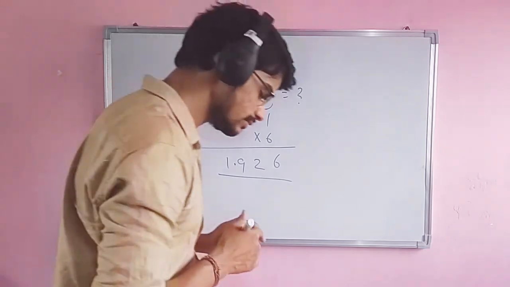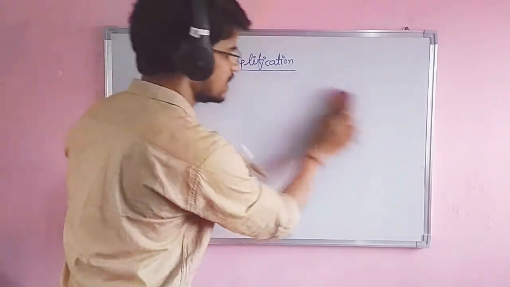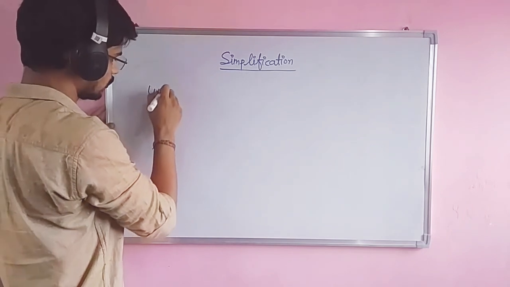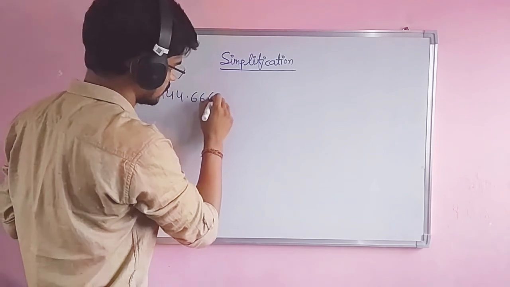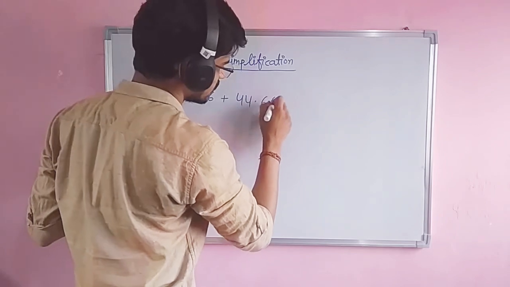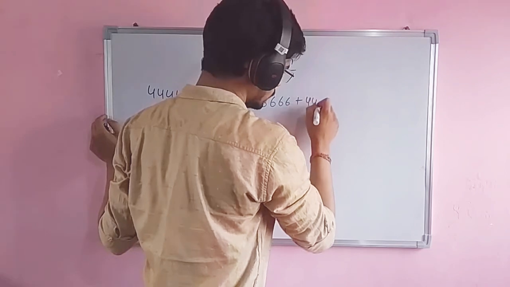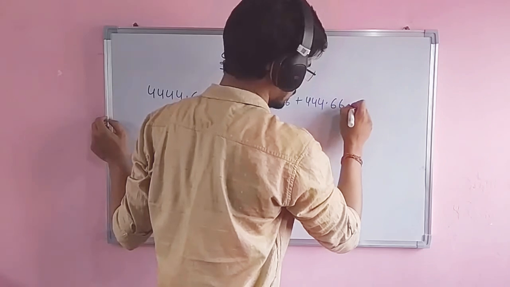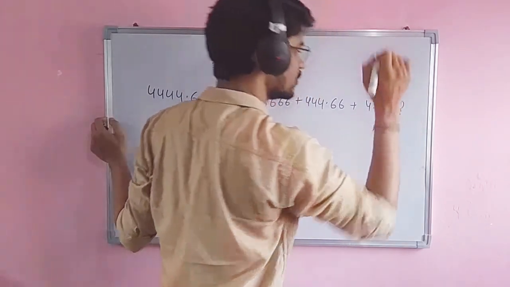Next question: if we have the least and highest concept in one question, that is 4444.666 plus 44.6666 plus 44.66 plus 4.6, how much is it?